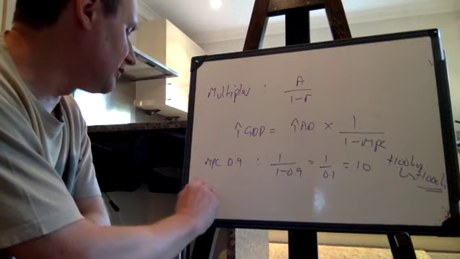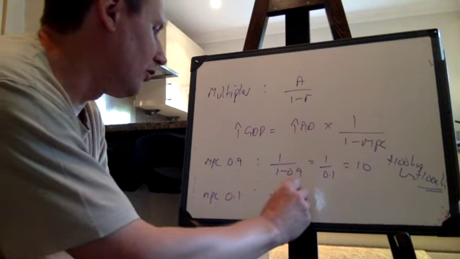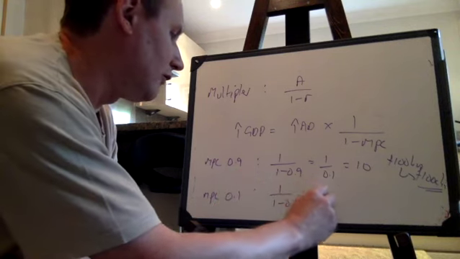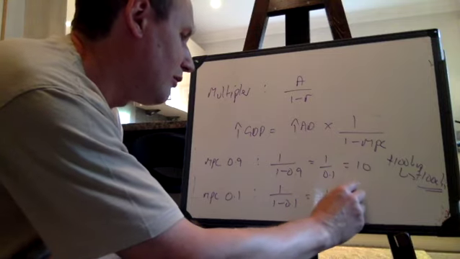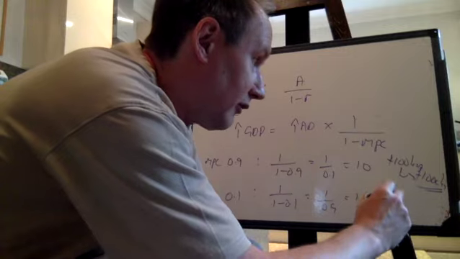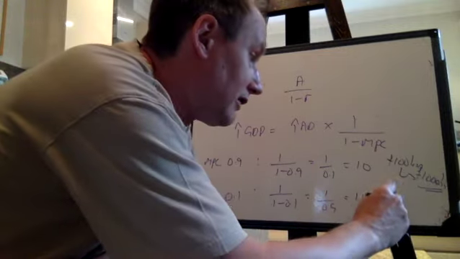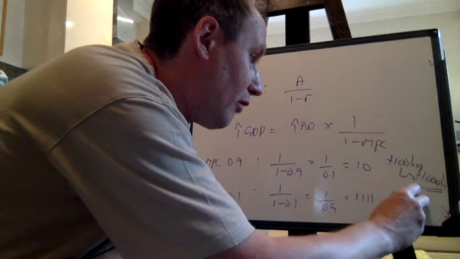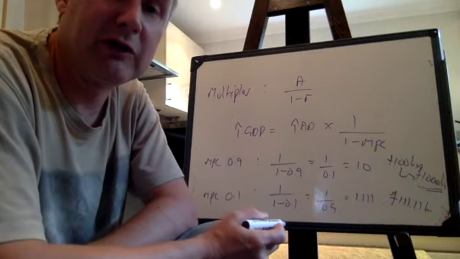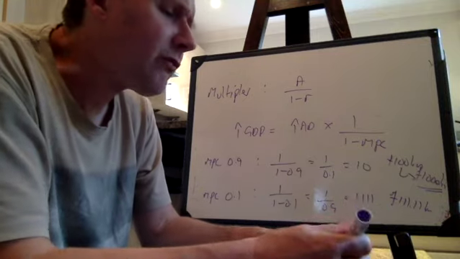Whereas in the case where the marginal propensity to consume was 0.1, that's 1 over 1 minus 0.1, which is 1 over 0.9, which is 1.1111. The initial 100 billion would only have led to 111.11 billion pounds worth of increase in GDP, barely more than the initial increase.